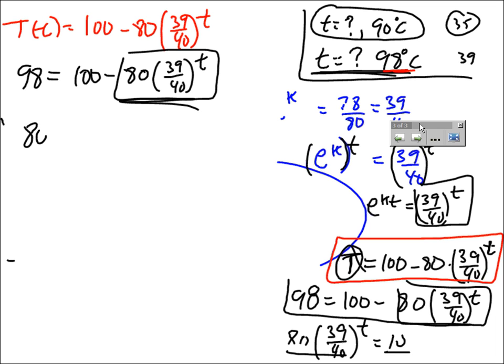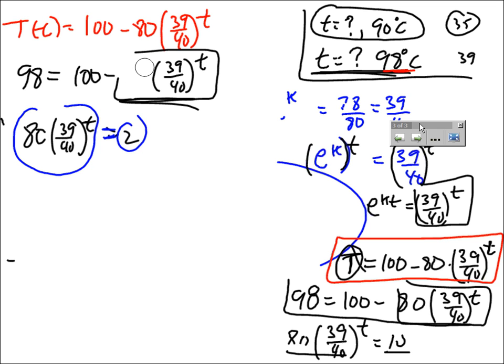So 80 times 39 over 40 to the t must be 2. Because again, these two horizontal lines tell me whenever I see this, I can replace it with 2. Well, let's see if I'm right. I see it, I'm erasing it, and I'm going to replace it with 2.